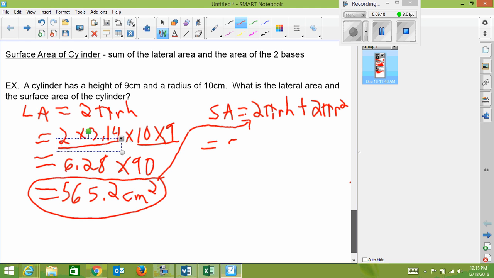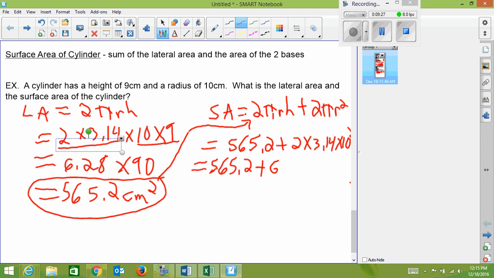So I can just put in there equals 565.2 plus 2 times pi times my radius, which is 10, and I'm going to square that. So 565.2 plus 2 times 3.14 is 6.28, and then I have the times 100, which I could just take care of right here.